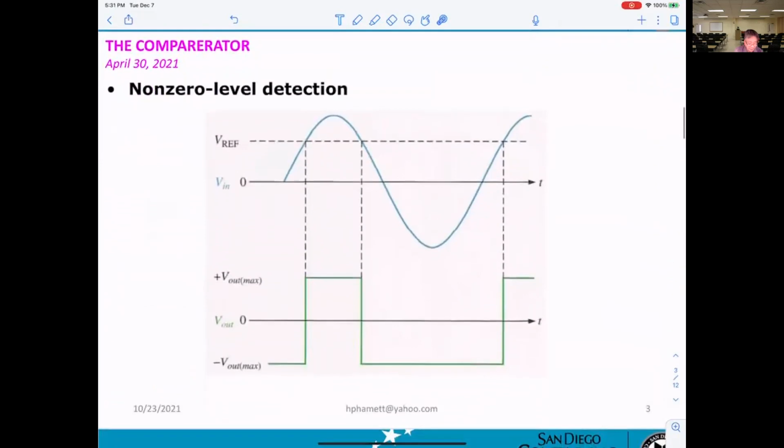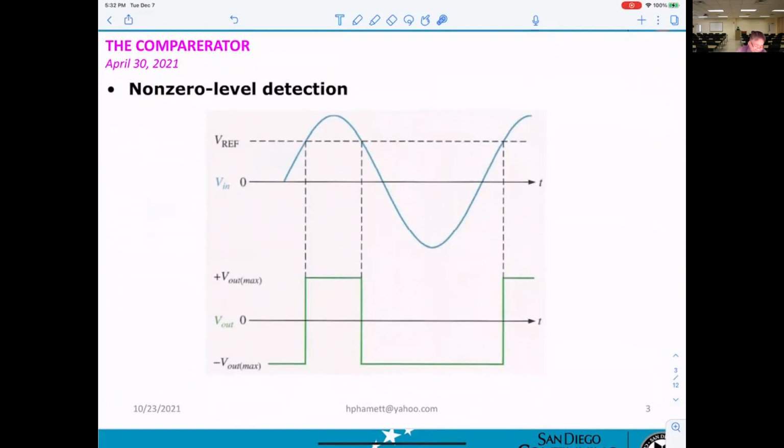Now, you know the V reference. You already calculated it, okay? And this is the V in. So you get a sideways view here.